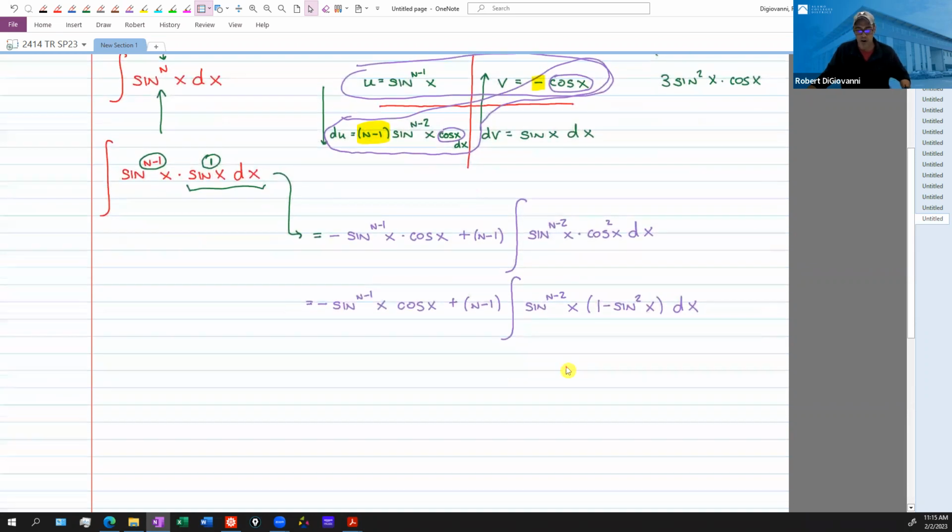All right, so here's where we are. Now, distribute this through here to here. So now here's what we've got: equals negative sine to the n minus 1 of x cosine x plus n minus 1 integral. And now when I distribute through, I'm going to get sine to the n minus 2 of x, right?